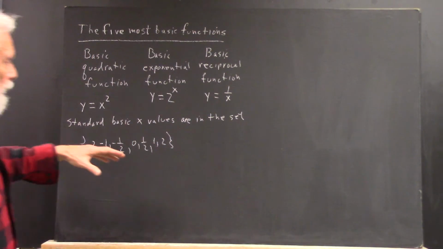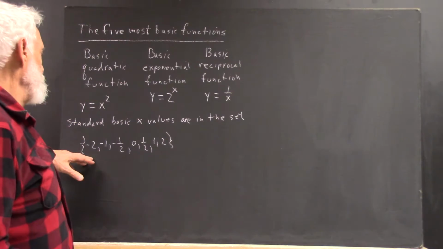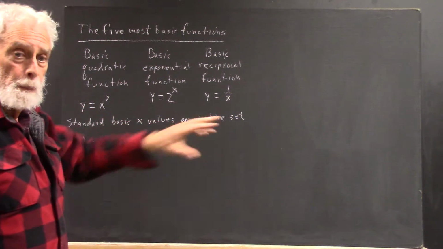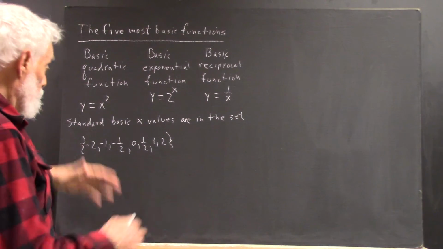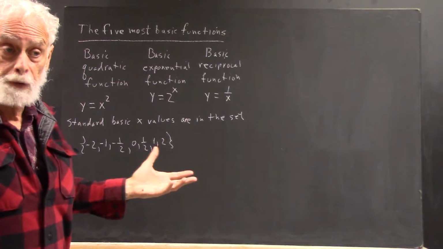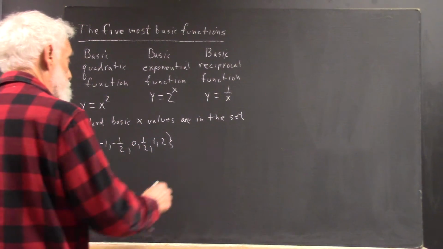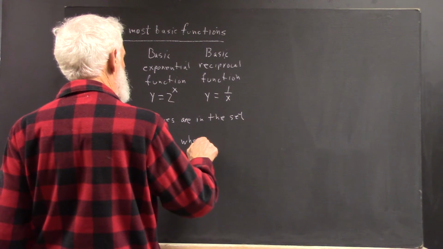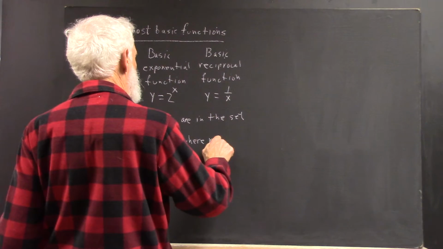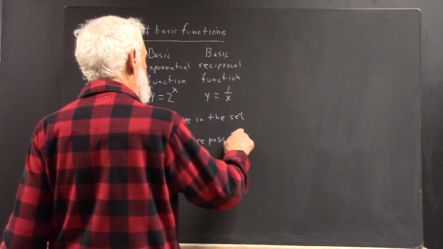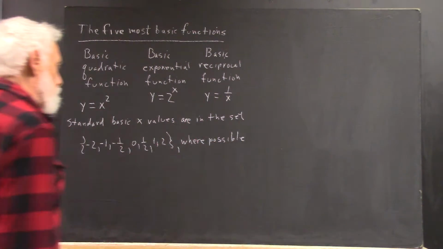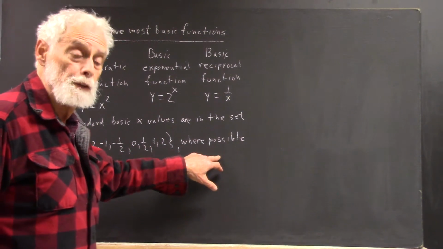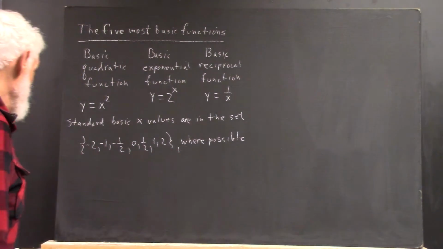Except that we leave out any x value at which we can't evaluate the function by simple arithmetic, or at which the function perhaps is undefined. Now, I'm not using all the words I could use here. I'm just going to say where possible, and I'll specify what where possible means.